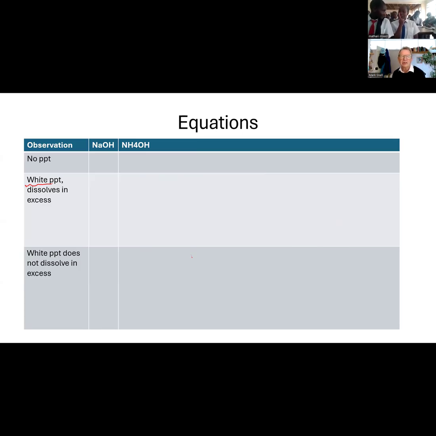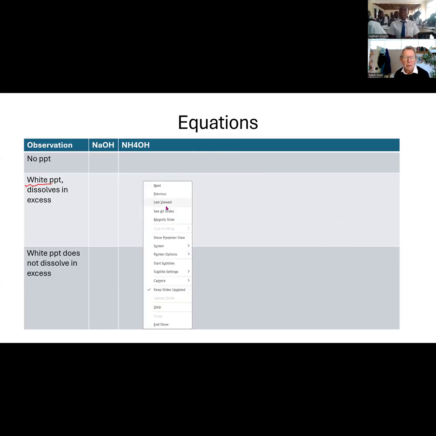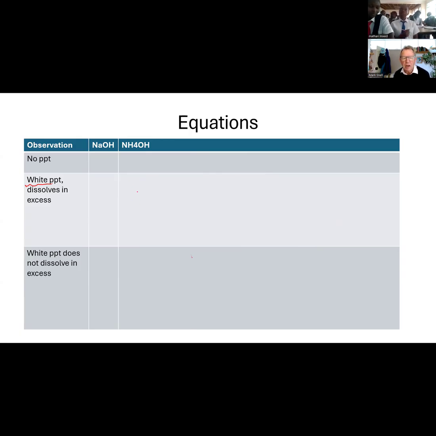Okay, so what I'm going to ask you to do now is to write equations for two other chemicals. Here we go. I would like you to write an equation for magnesium ions here in the ones which do not dissolve in excess.